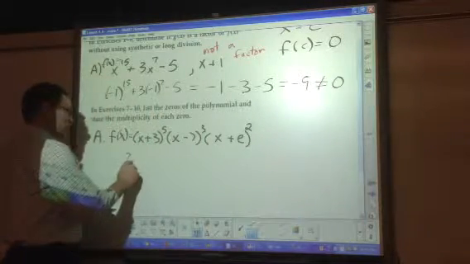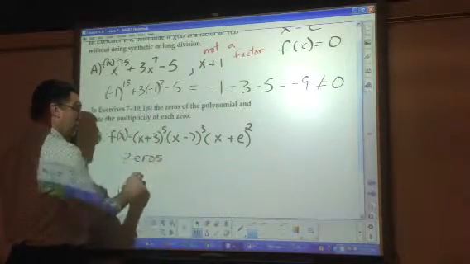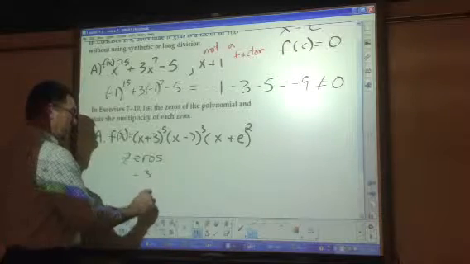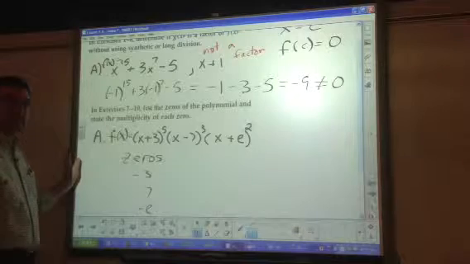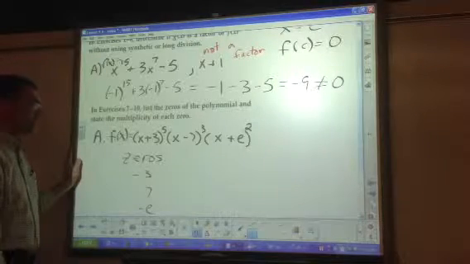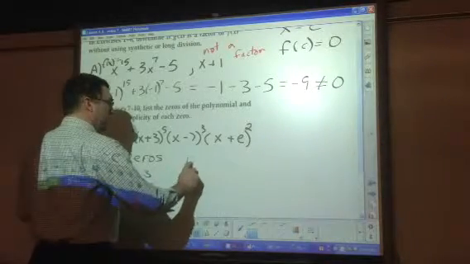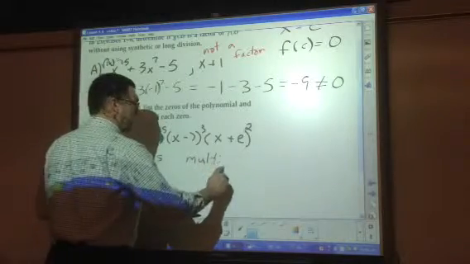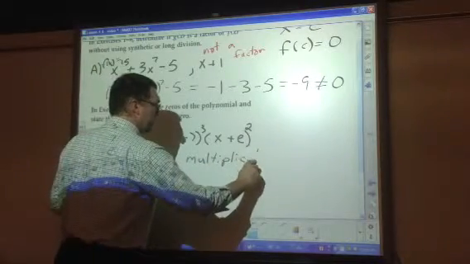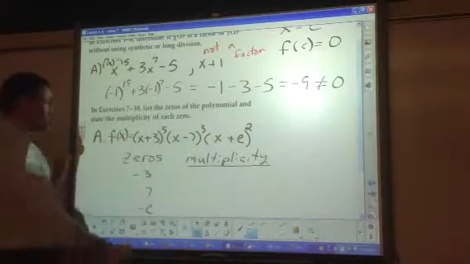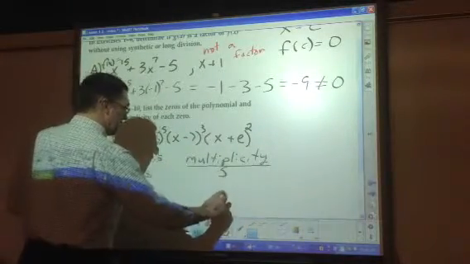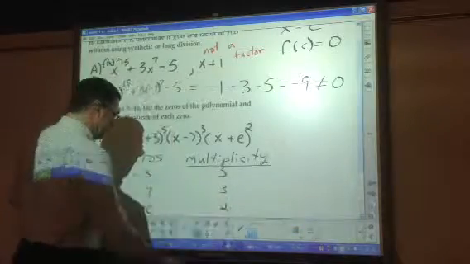So here my zeros are -3, 7, and -e. It doesn't have to be a rational number, it can be an irrational number. So the multiplicity is just the degree of each factor: 5, 3, and 2.